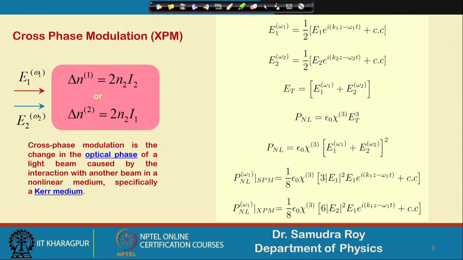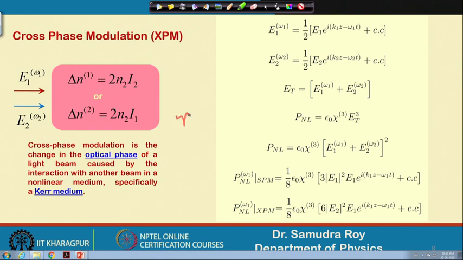In self phase modulation, if I launch an electric field, this electric field will modify the refractive index by its own. If you remember the expression for the refractive index, for the Kerr effect, it was n0 plus n2 I. So, I is the intensity of the launched light.